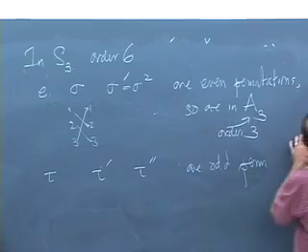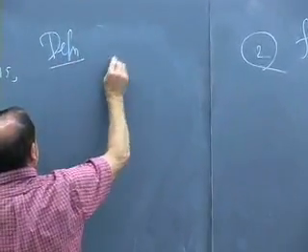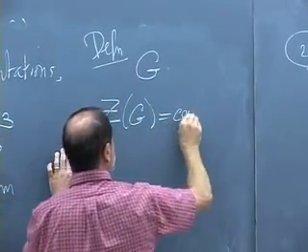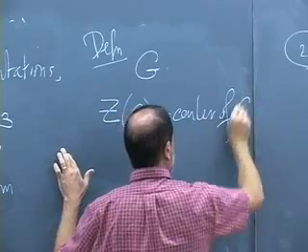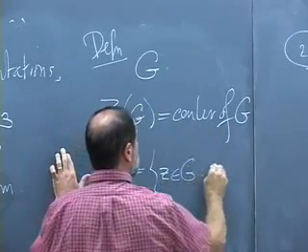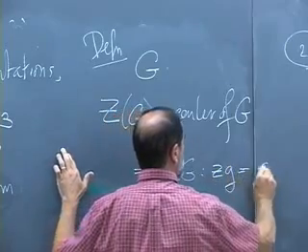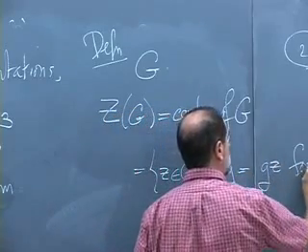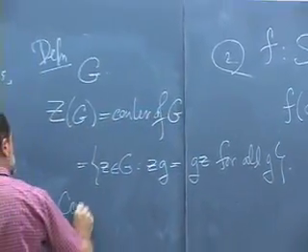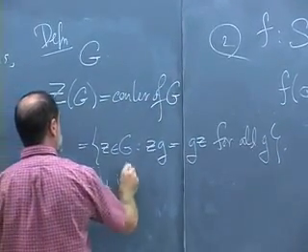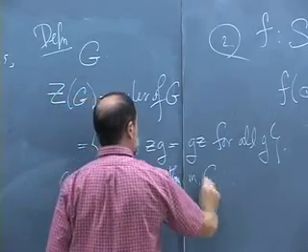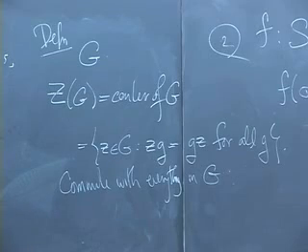Here's the definition. So if you have any group G, the group that's denoted Z of G, which is called the center of G, consists of the elements Z in G that commute with everything in G. So the center can go all the way from G to the identity.